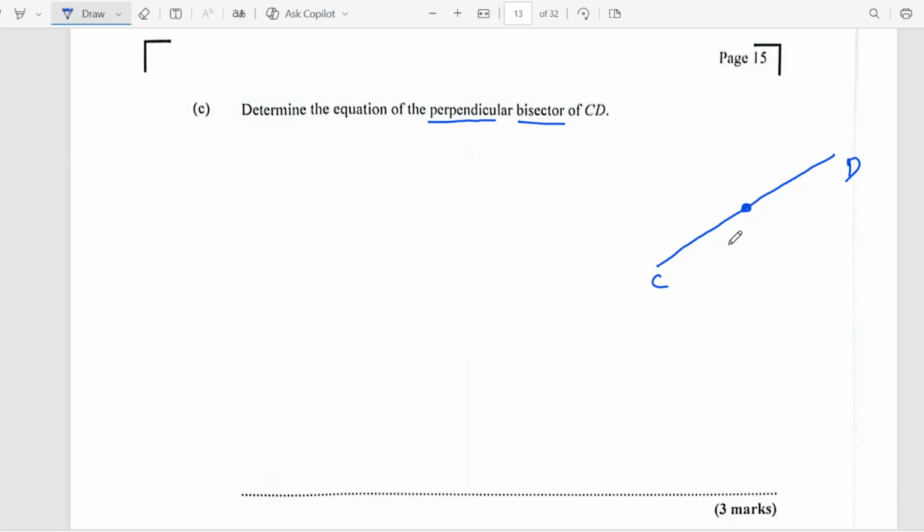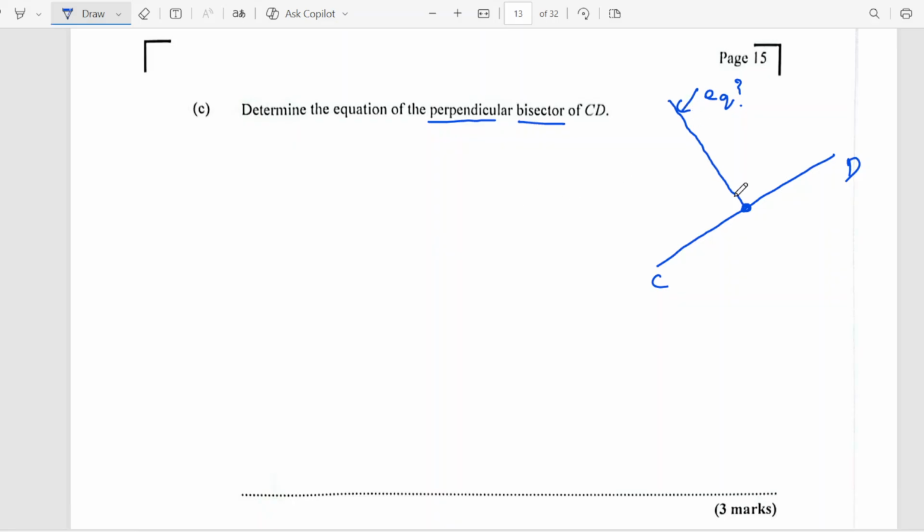So it has to go in the middle, and perpendicular means it's running at 90 degrees, straight. So this is the line they want us to find the equation for. What is the equation of that line? Right, so that's what perpendicular bisector means. The line that is perpendicular to it and bisecting it. So they want the equation of the perpendicular bisector.